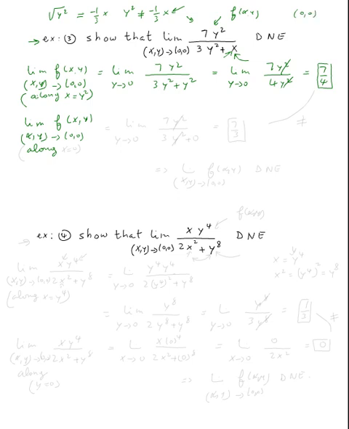Now, the limit of f of xy as xy approaches 0, 0, we can do this along x equals 0, the y-axis. Now this will be equal to the limit of, whenever you see x, you plug in 0, so 7y squared over 3y squared plus 0 as y approaches 0, and then simplify this and you get 7 over 3.